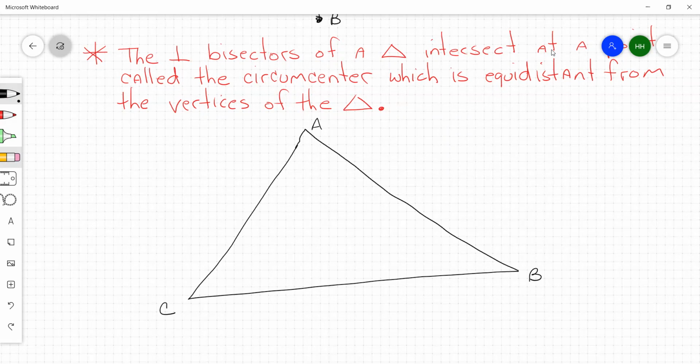So there's going to be a bisector that bisects side AC at point D. There's going to be a perpendicular bisector for side BC.